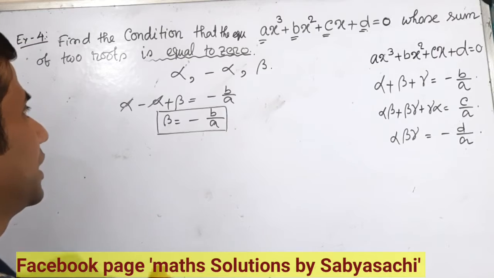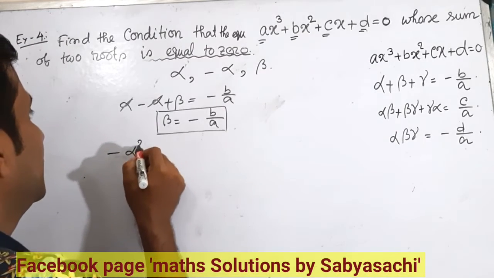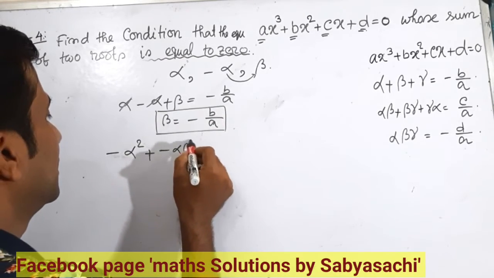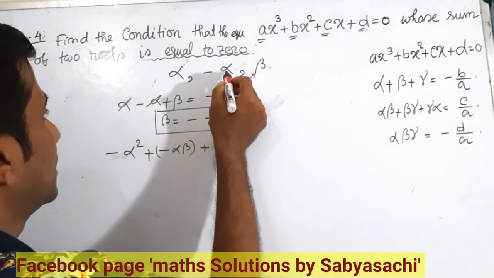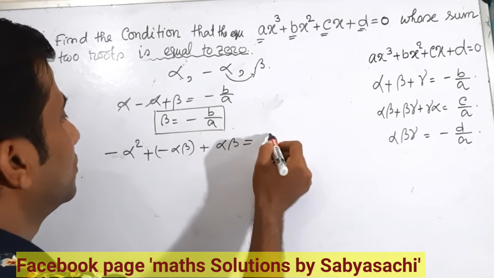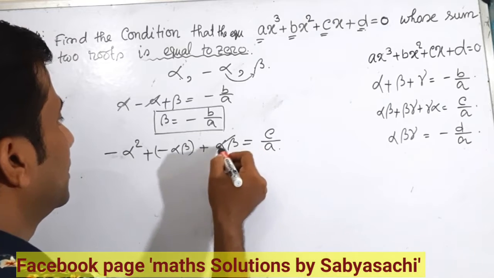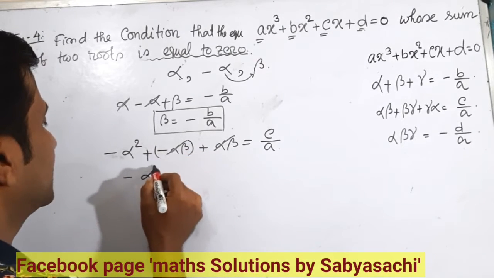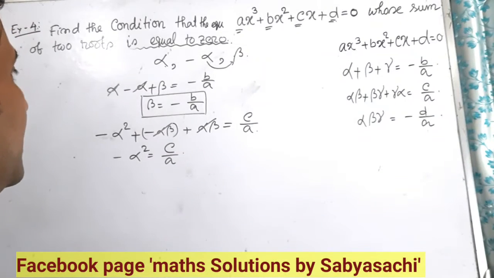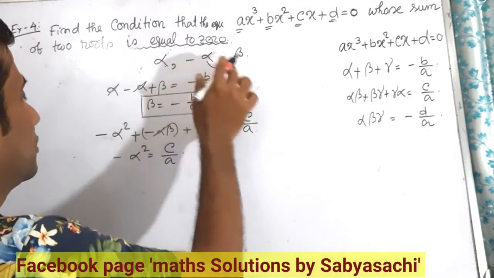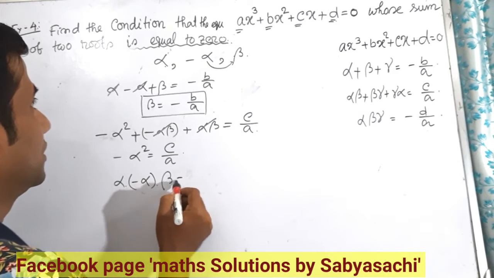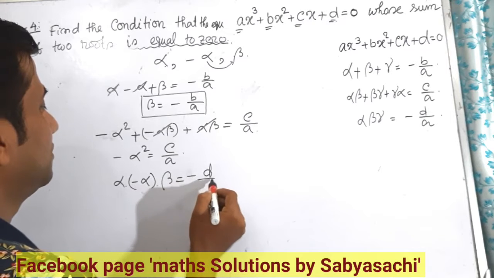From the second condition we get minus alpha square, minus alpha beta plus alpha beta is equal to c by a. Cancelling we get minus alpha square is equal to c by a. And product of three roots, alpha into minus alpha into beta is equal to minus d by a.